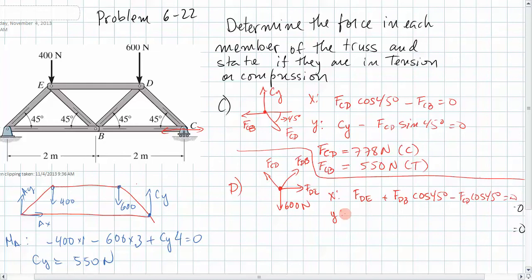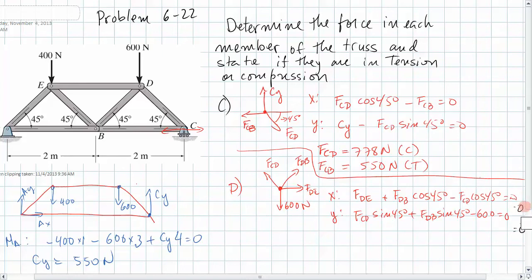For the y-axis, what do I get? I get FCD sine of 45 degrees plus FDB sine of 45 degrees minus 600 equal to 0.